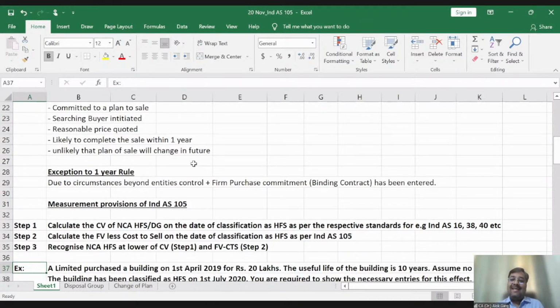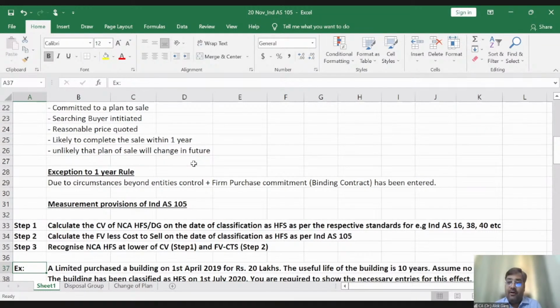What is the different requirement? Since this asset is classified as held for sale, the first thing, the moment you classify that asset as held for sale, and let me take the example of PPE, normally in 95% of cases it will be PPE. If an item is classified as held for sale, it is important to find out the carrying value on the date of classification as per the respective standard.